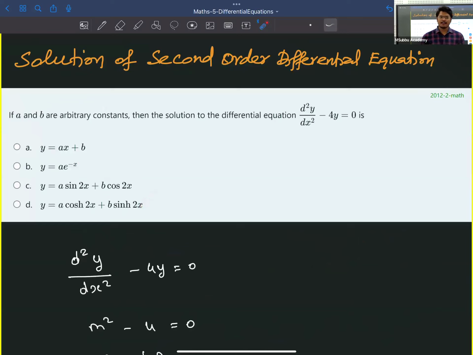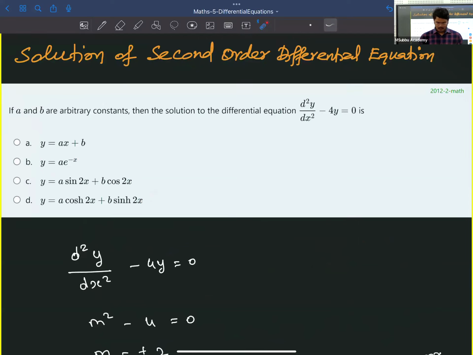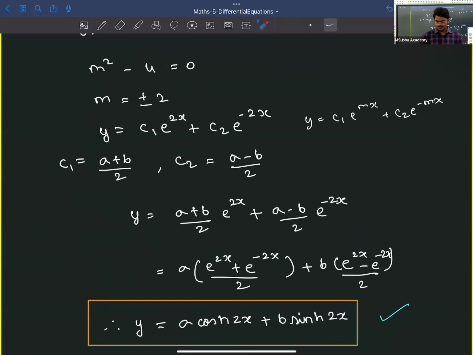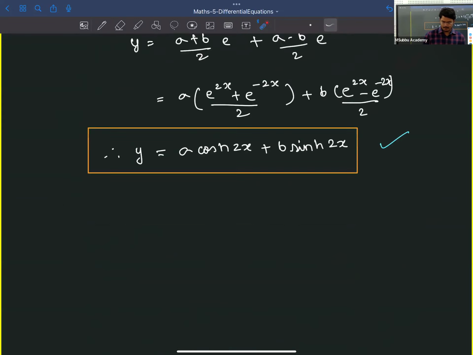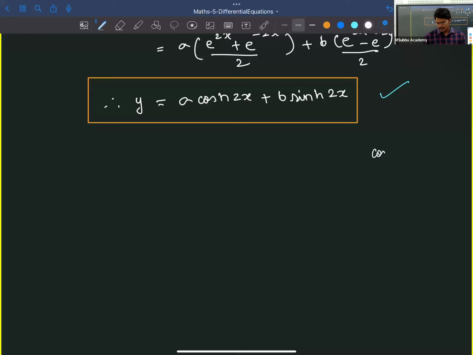Is that clear? If you have any doubts, you can just ask me. Okay then, I hope you guys are clear. Sir, actually, are these formulas to be remembered? Yes, this is the formula. Cos hx is equal to e power x plus e power minus x by 2.